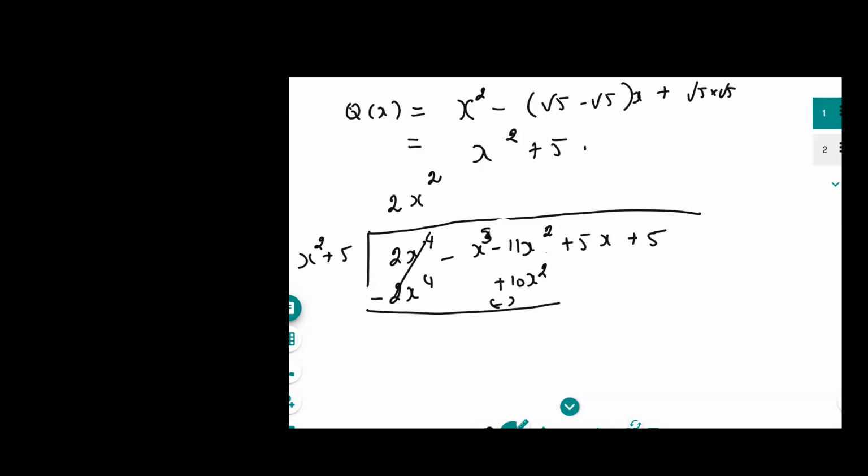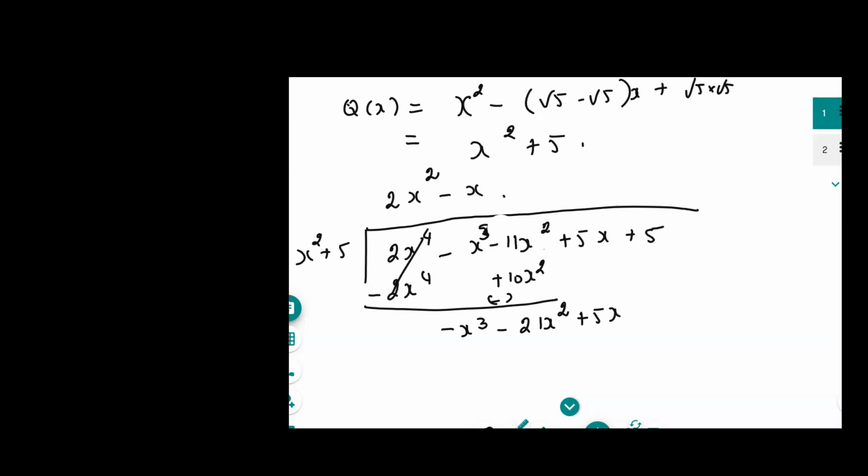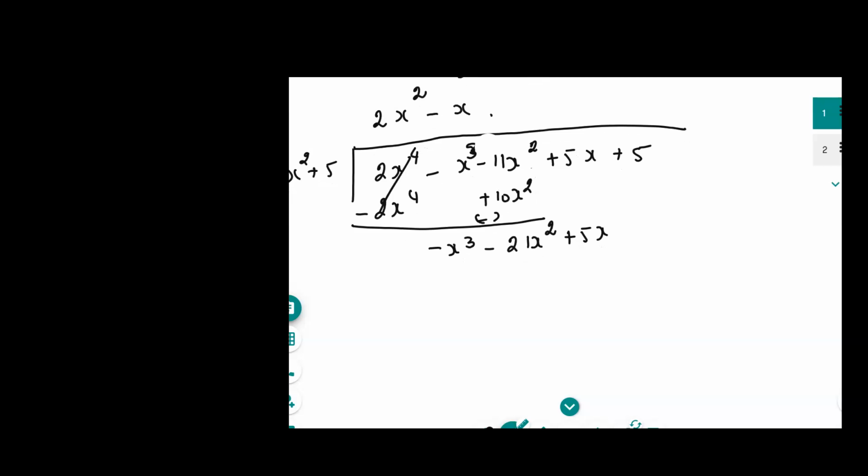So you will be getting minus x cubed, minus 11 minus 10 will give you minus 21x squared plus 5x. So next we'll have to multiply by minus x. So that gives you minus x cubed minus 5x.